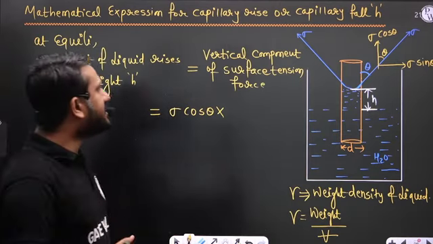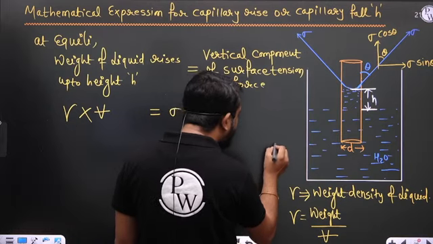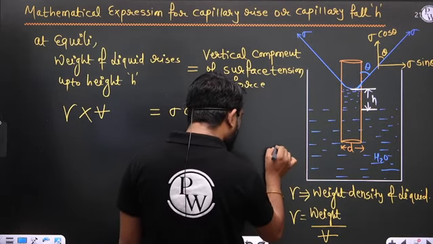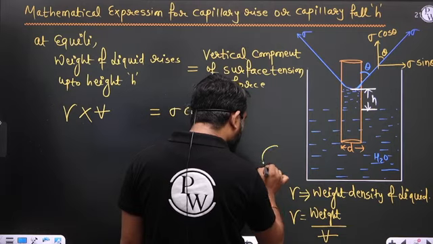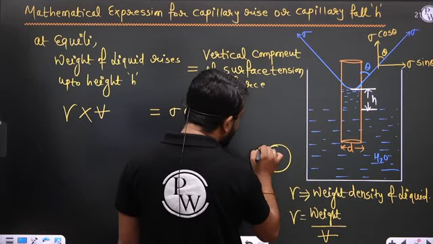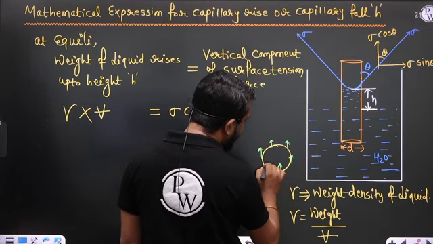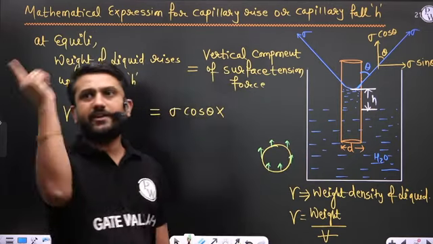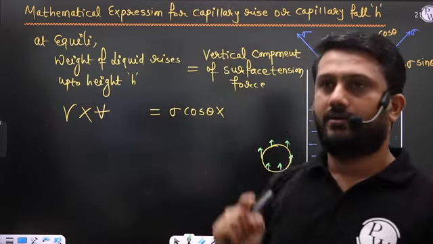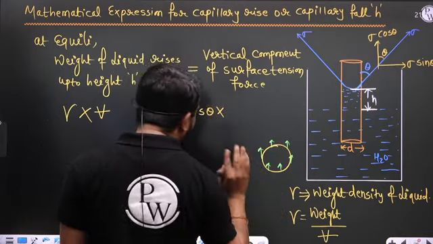If you see from the top, it is very much clear that the surface tension is acting like this, in the periphery, or you can say in the circumference.